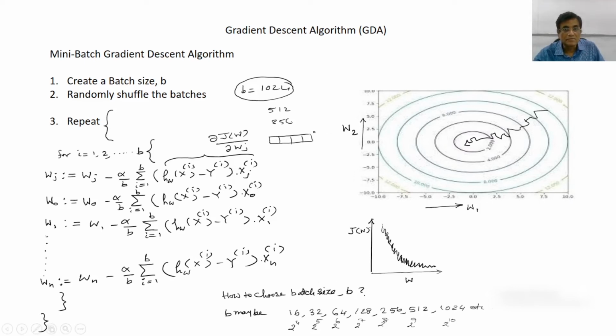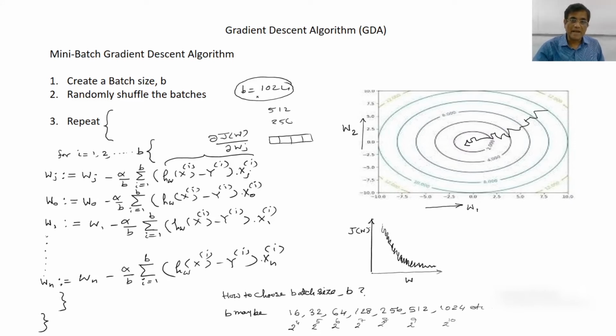That's why we don't select any number whimsically, but try to select a power of two like 16, 32, 64, 128, 256. This will actually be faster, that's the reason.